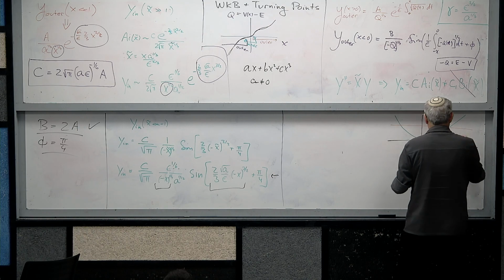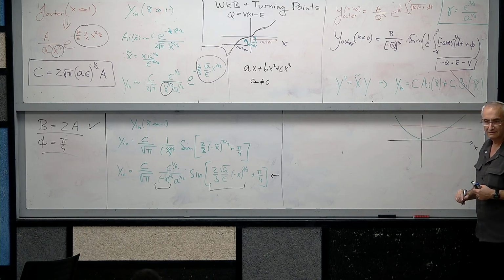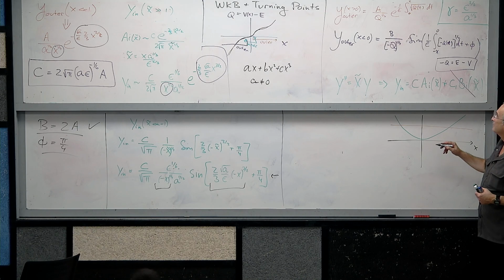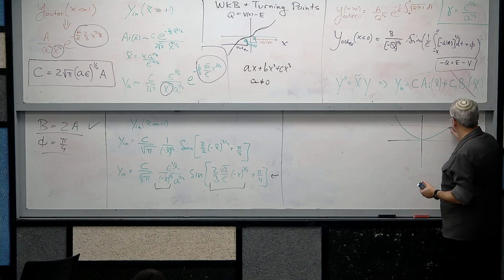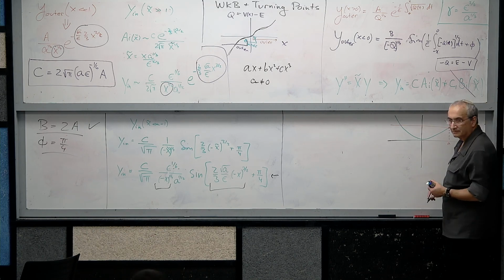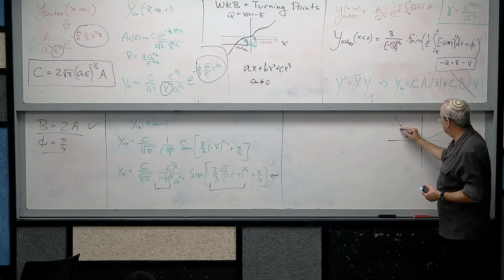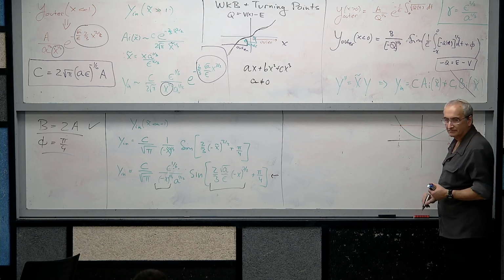Here is E. Right? So, in terms of what are the turning points here? Minus x squared. I have this one, let's say A, and this one B.